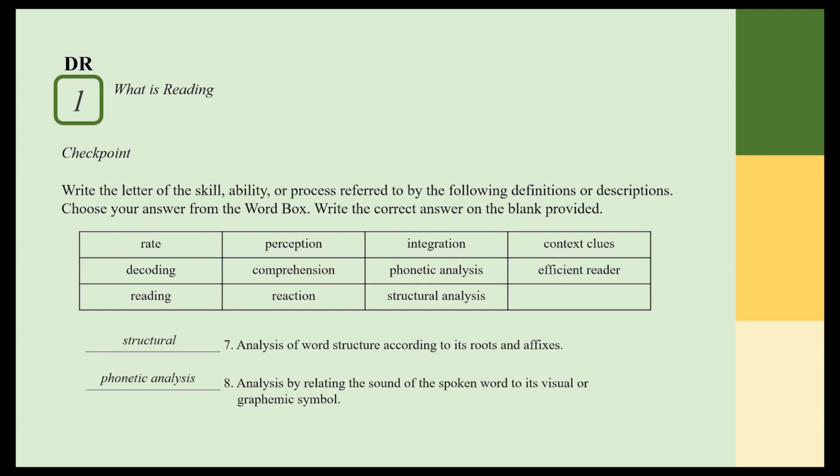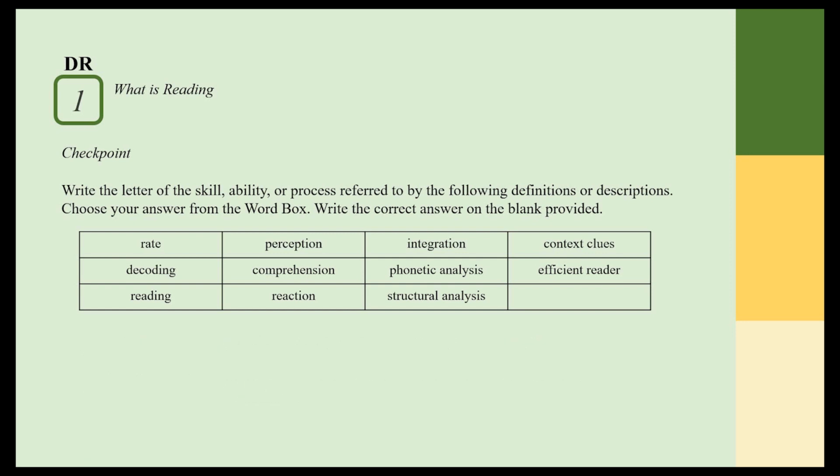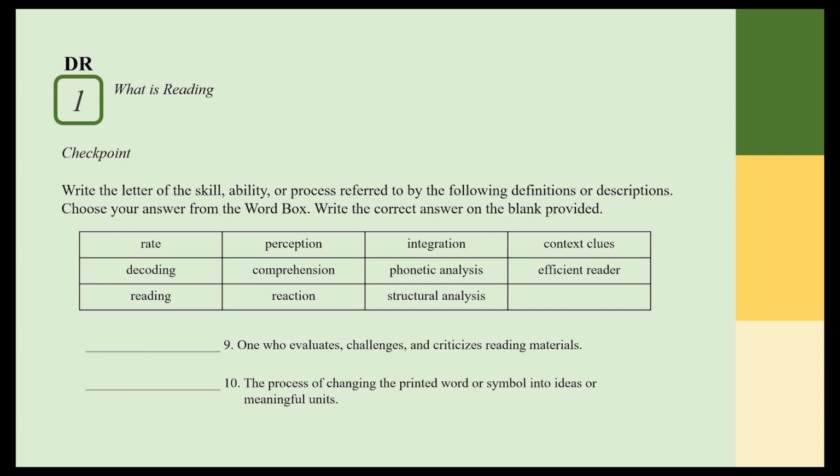Now down to the last two items, number 9 and 10. For item number 9, this is someone who evaluates, challenges, and criticizes reading materials. So obviously it's the efficient reader.